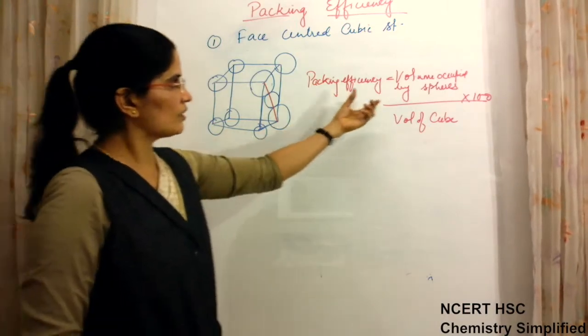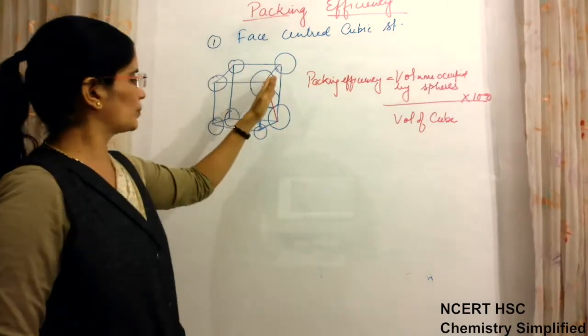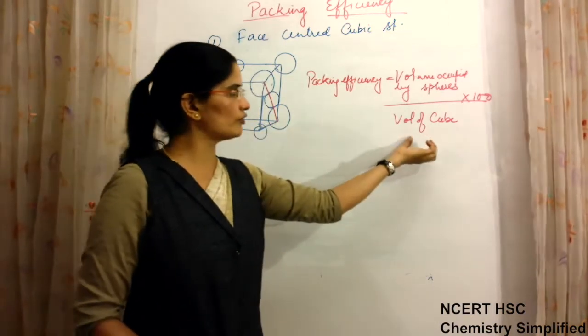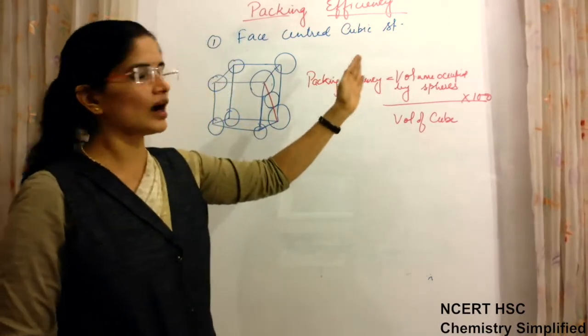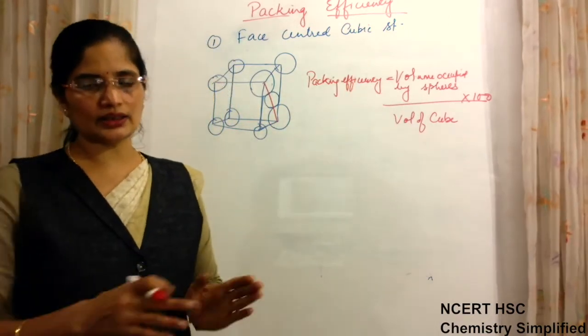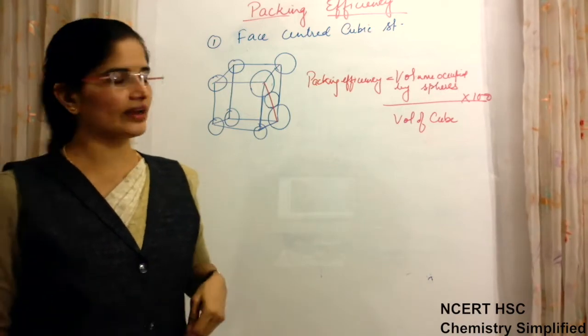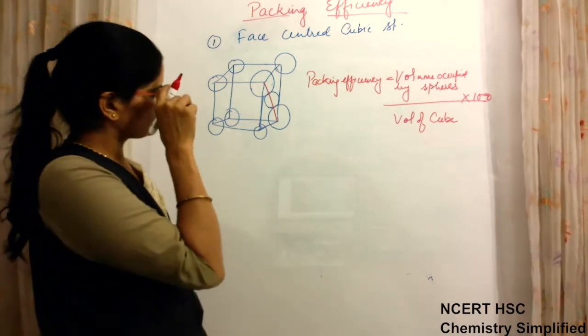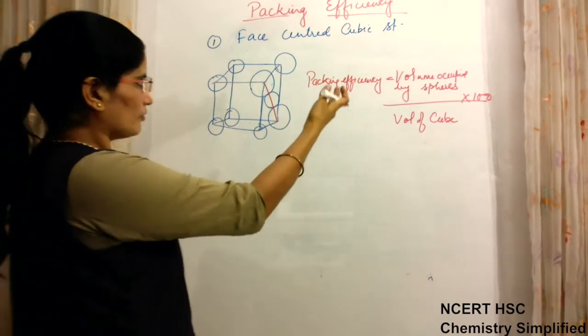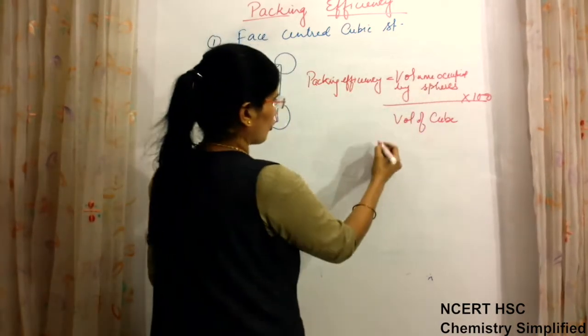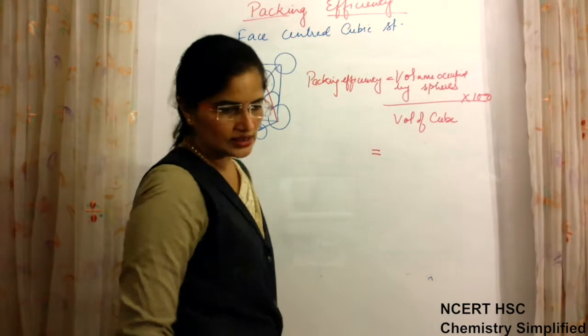Okay, because whatever volume these spheres are occupying and whatever is the total volume of the cube, that will give how efficient the packing is, and the remaining part is actually the vacant space. Okay, so now for this packing efficiency, volume occupied by these spheres.